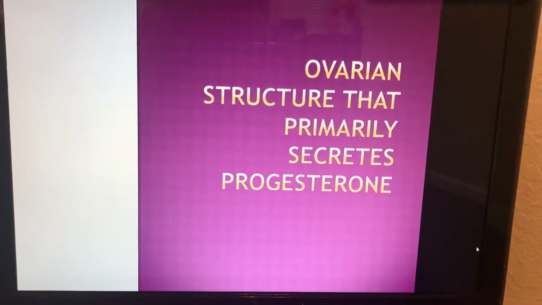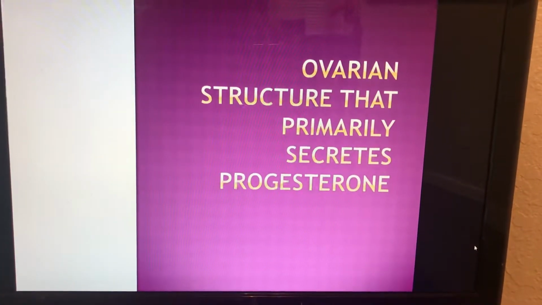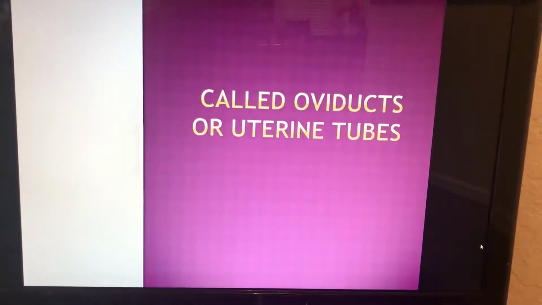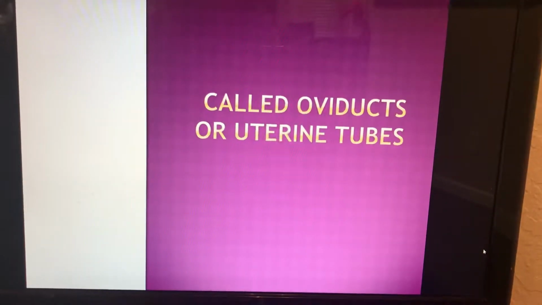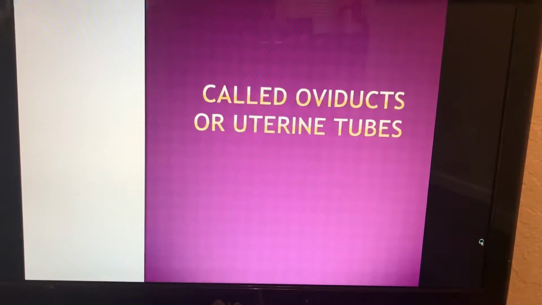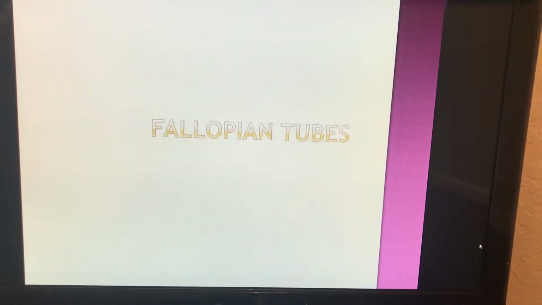Ovarian structure that primarily secretes progesterone. Corpus luteum. Also called oviducts or uterine tubes. Fallopian tubes.